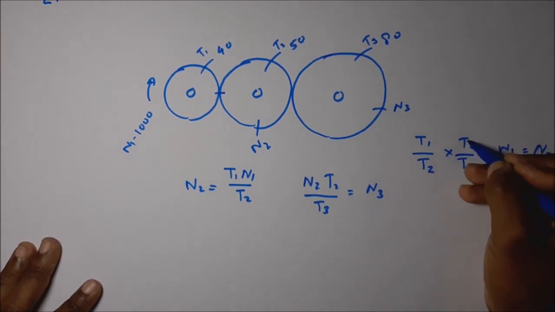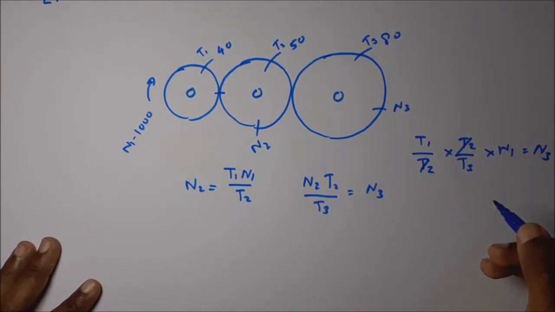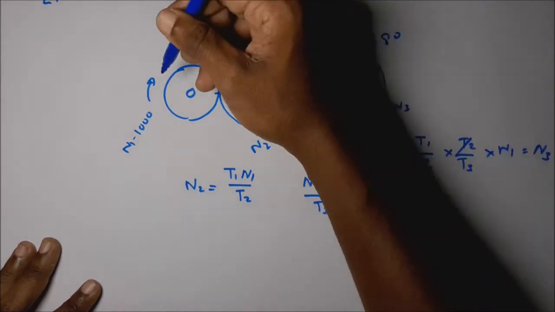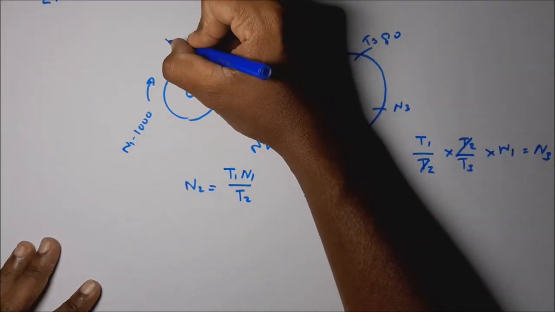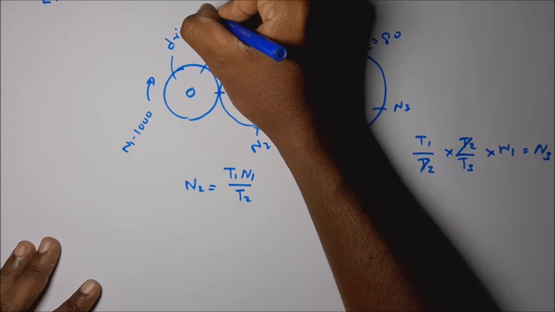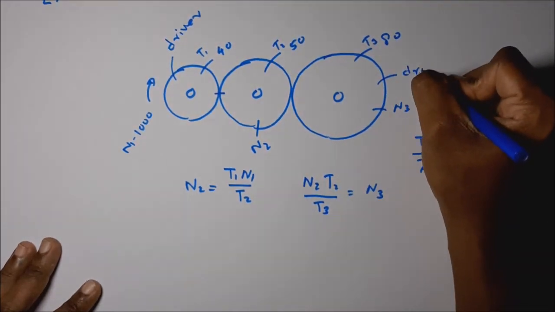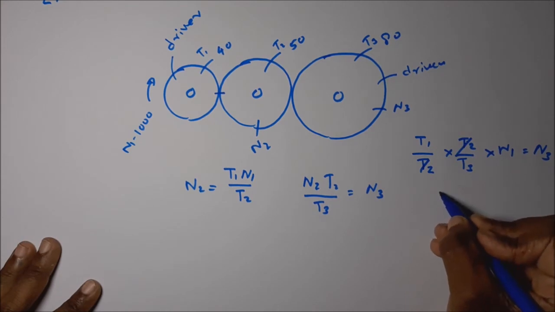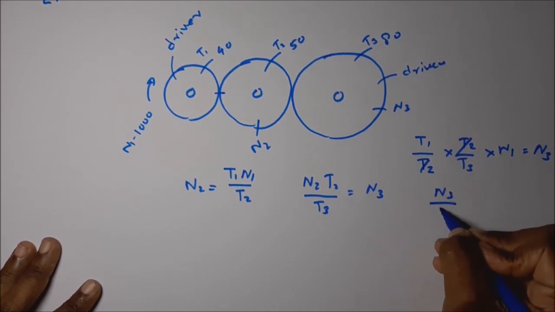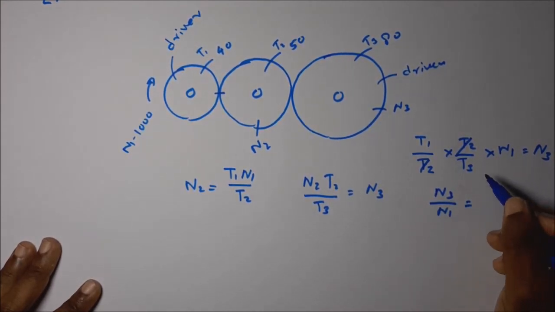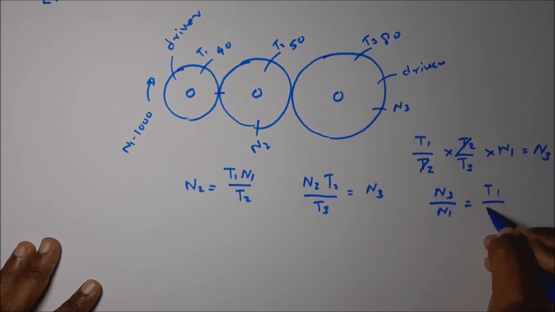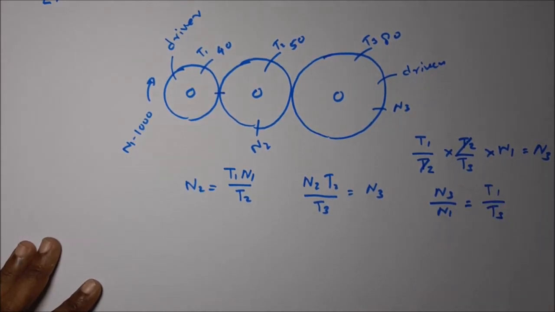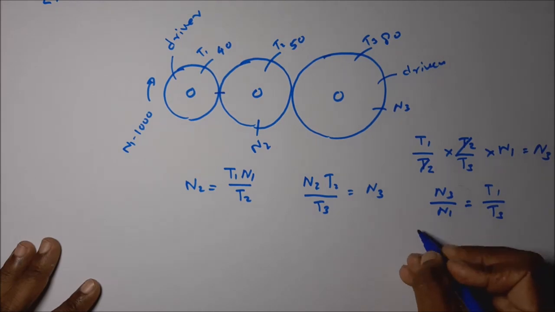We can further simplify this. This is the driver and this is the driven. Then the speed ratio N3 to N1 is equal to T1 to T3.